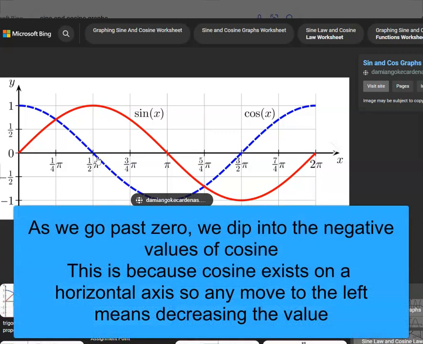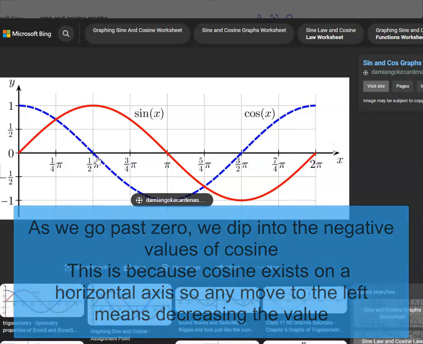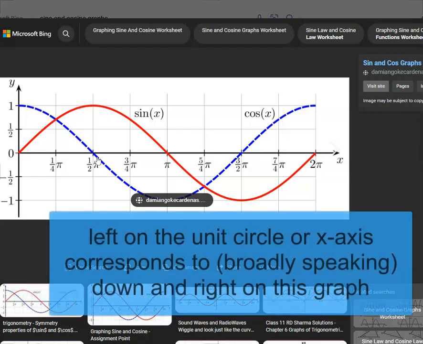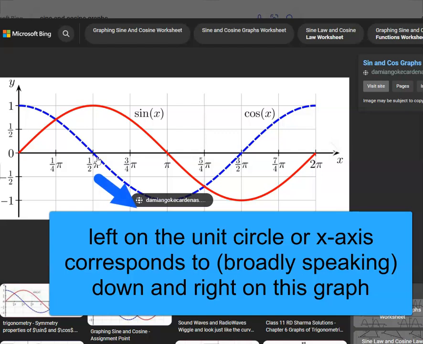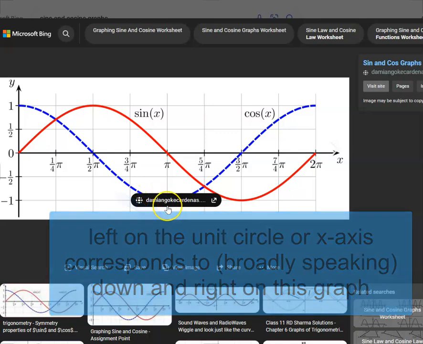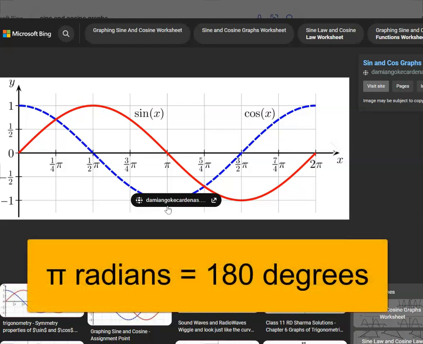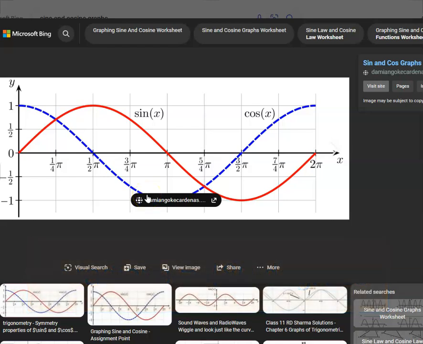Remember, the cosine corresponds to the x-axis, so once we move past 0, we're moving to the left, which corresponds over here, moving downwards as we keep going. As we are approaching pi, which is equal to 180 degrees, our value for the cosine wave gets closer and closer to -1.